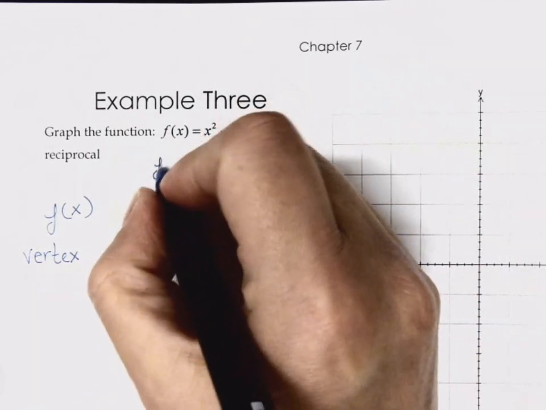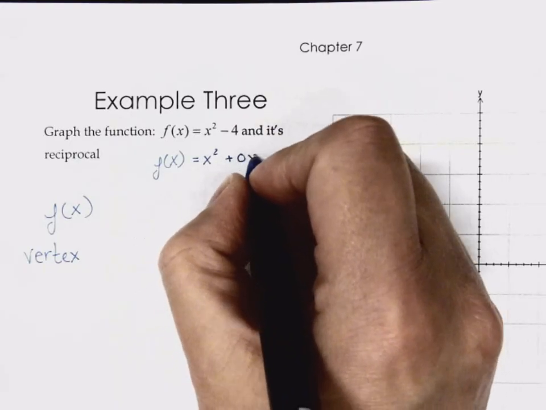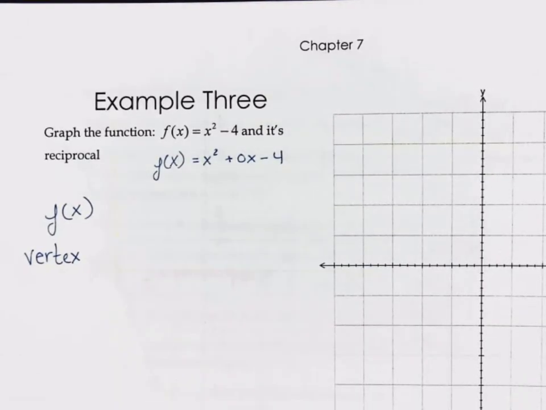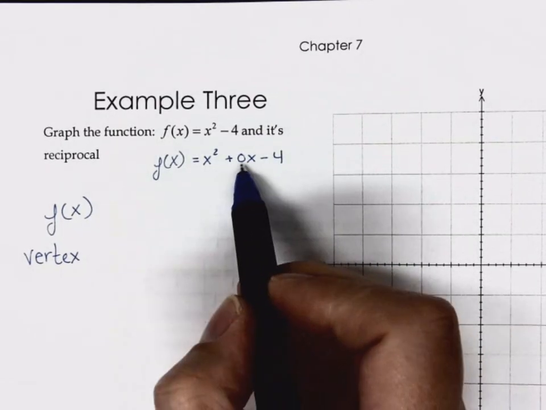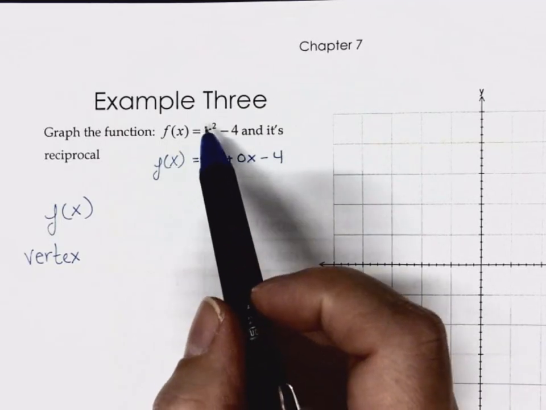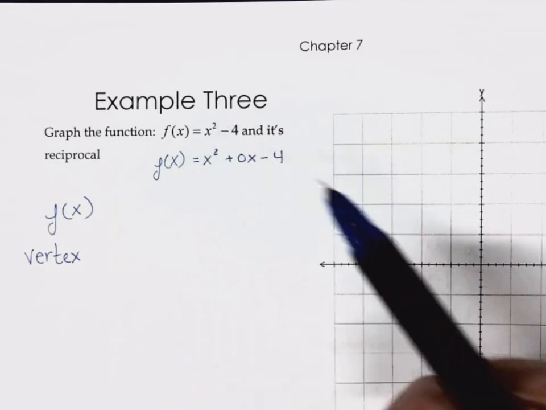This could be written as 0 and -4, right? But if you're not comfortable with that, this would be 0 divided by 2. 0 divided by 2 is 0. Substitute 0 in here, that's a -4.